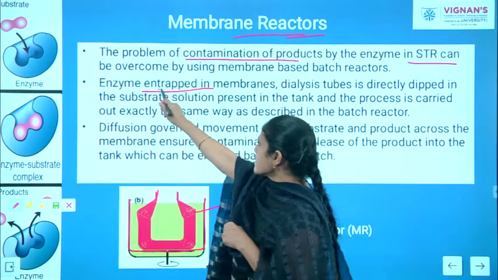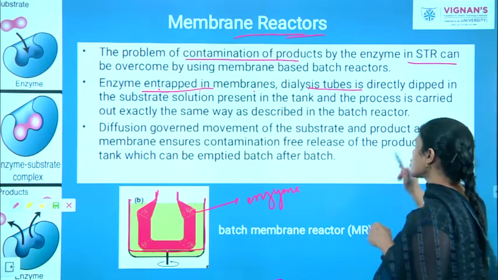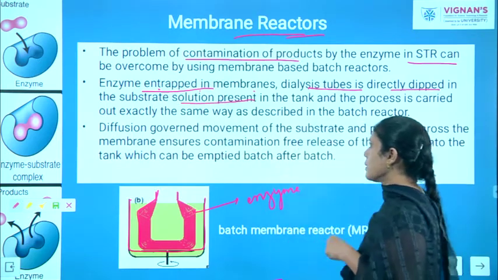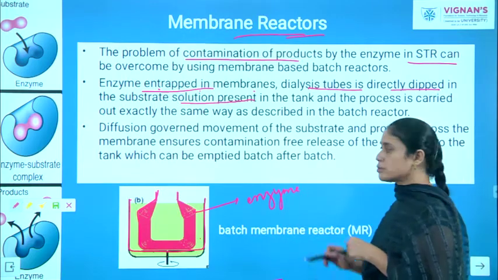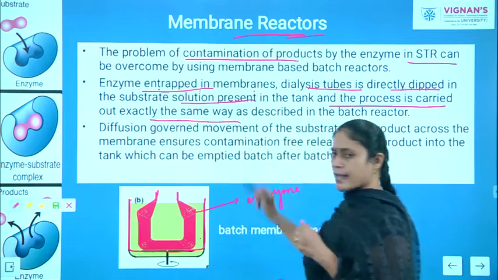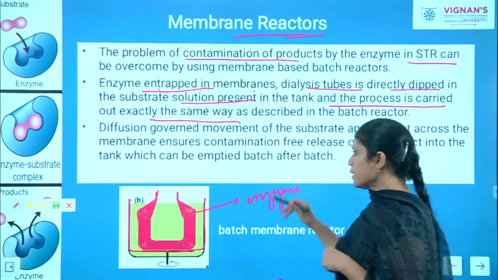So the enzyme entrapped in the membrane or dialysis tube is directly dipped into the substrate solution present in the tank, and the process is carried out exactly the same way as in your batch reactor.